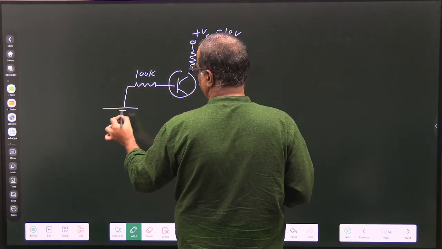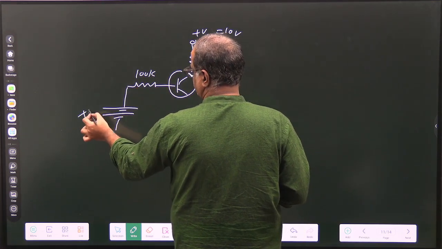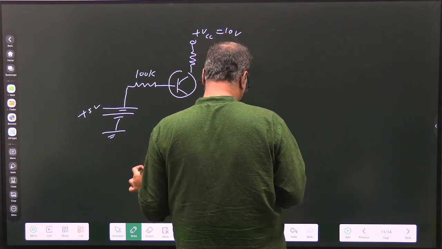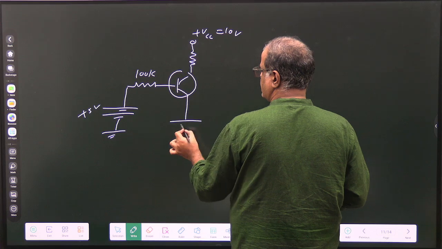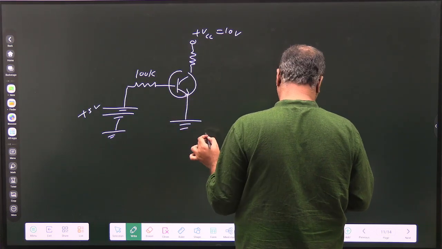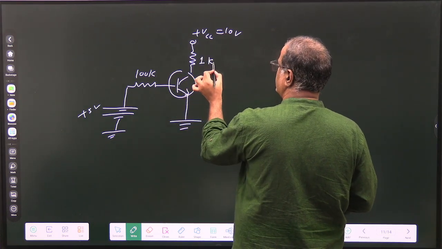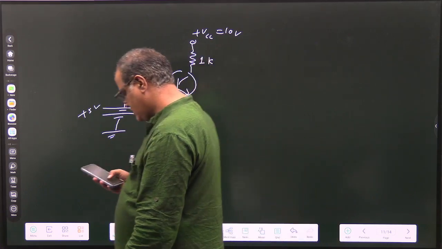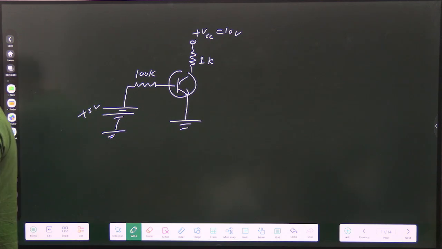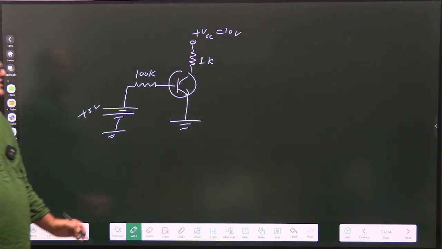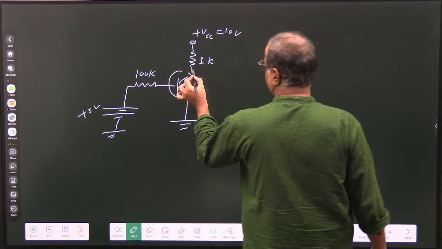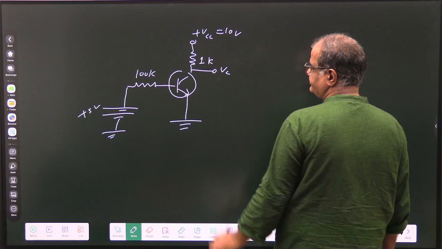This is a 5 volt. And this is the ground. 1K. So you want to find the collector voltage VC. Collector voltage VC is this one.